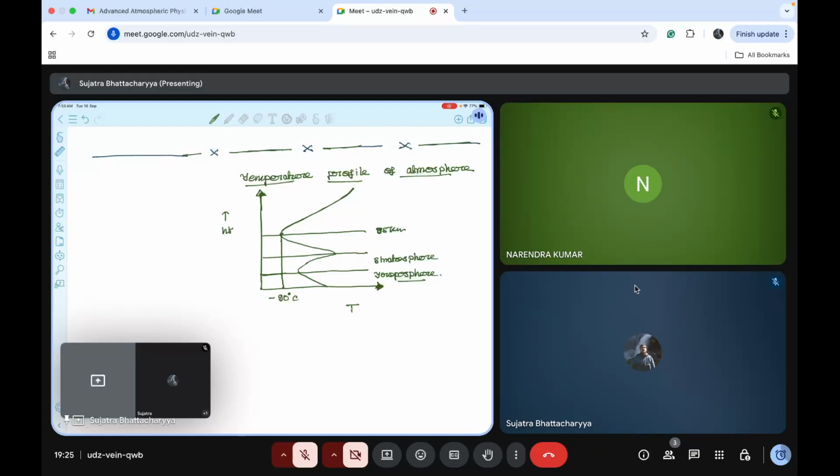Next is the mesosphere, and this height is where the transition is taking place. It's called the mesopause. So the end of the mesosphere, the mesopause, is the region of the lowest temperature in the atmosphere. After that, it continuously increases, which we call the thermosphere.